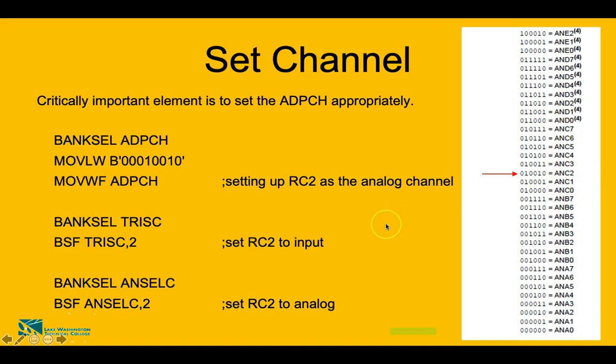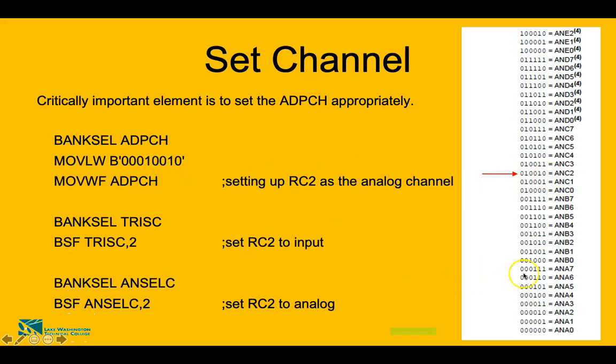So in our example, we are taking the RC2 bit. So RC is from port C, and port C again is an 8-bit register starting from ANC0 to ANC7. So we are picking RC2. Okay, so corresponding to RC2, the bit pattern we have is 010010. So that's the reason why we have used it here.